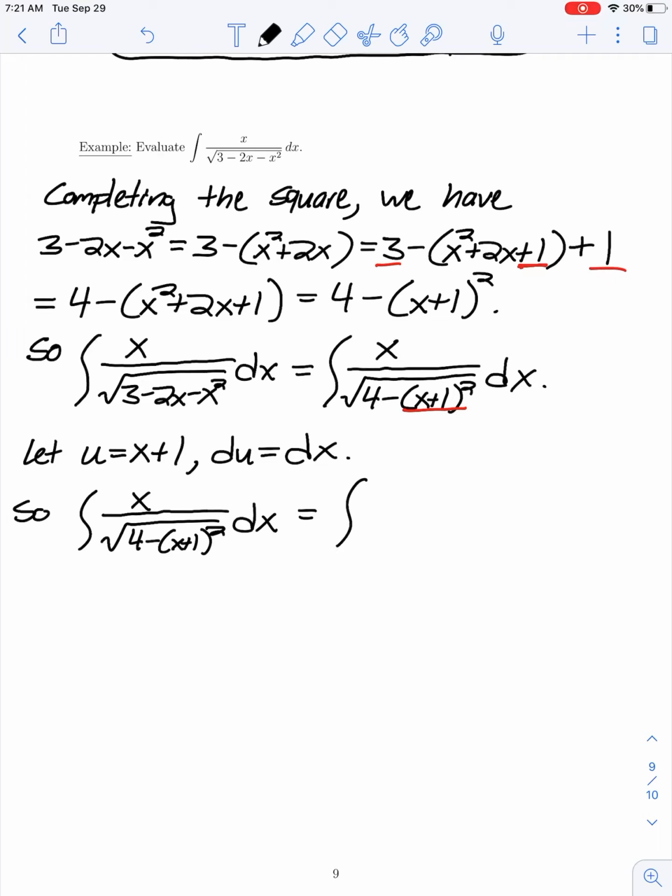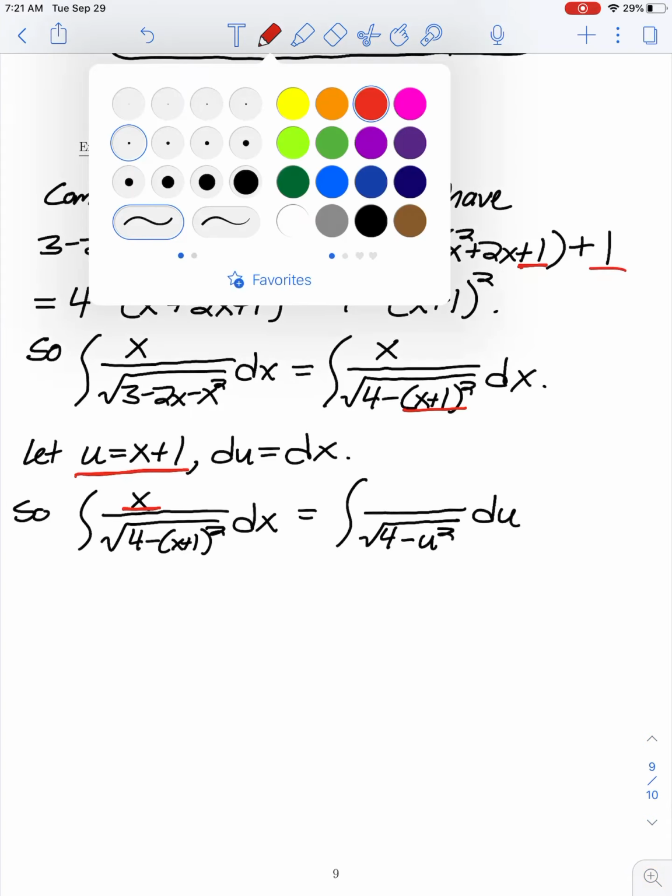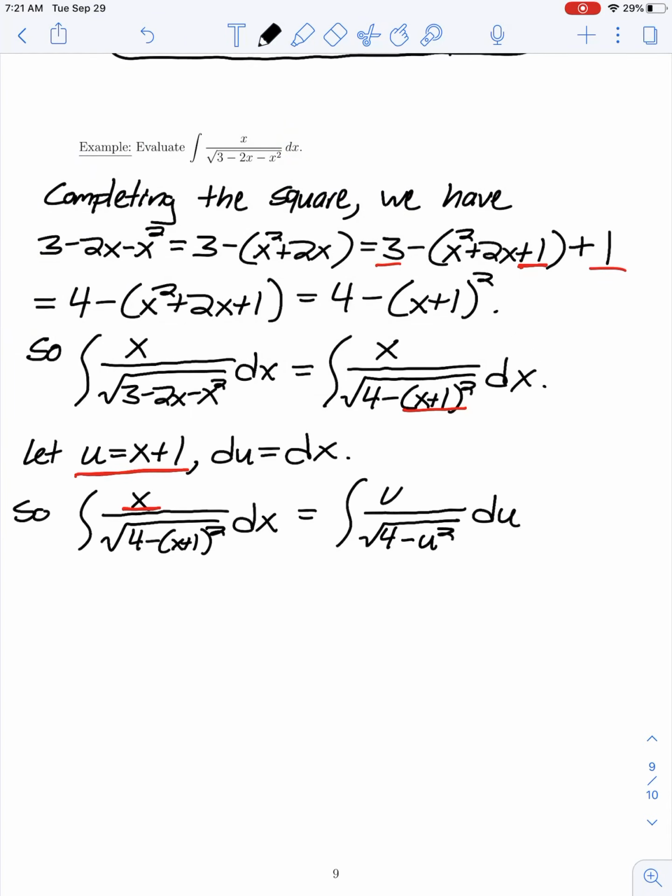In terms of u, our denominator is the square root of 4 minus u squared. Dx was just equal to du. And then our numerator is x. Now solving for x in terms of u, looking at our substitution, if I subtract 1 from both sides of this equation, I find that x is equal to u minus 1.